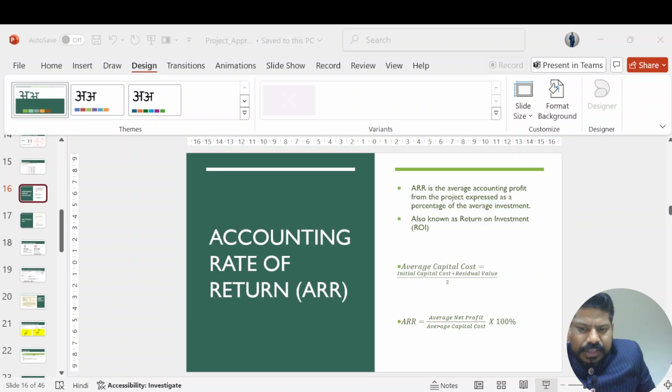So ARR is average net profit, average capital cost into 100. This is also known as return on investment. Obviously, you should select a project which is having highest accounting rate of return. All right, so let's understand the few nuances of ARR decision rule.